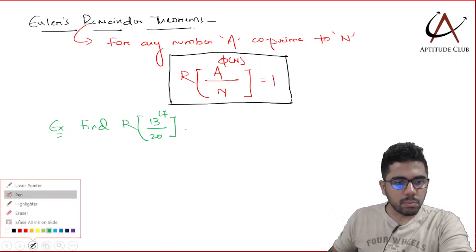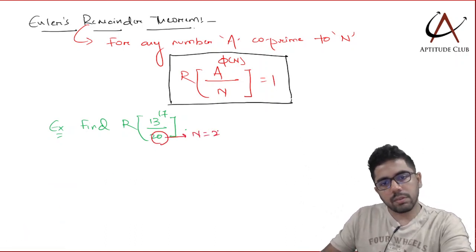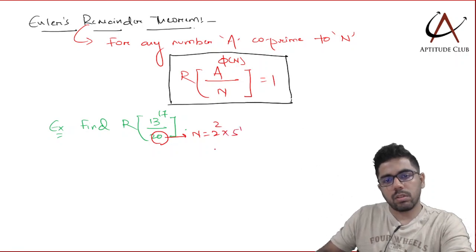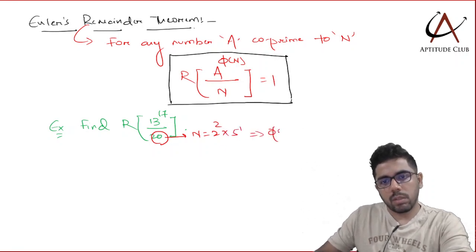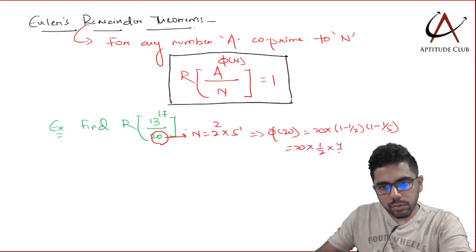So when you get this number, your first step is you take this as n and इसका phi n calculate कर लो. So how much is phi of 20? So it is 20 whole into 1 minus 1 by 2 into 1 minus 1 by 5. So 20 into 1 by 2 into 4 by 5.